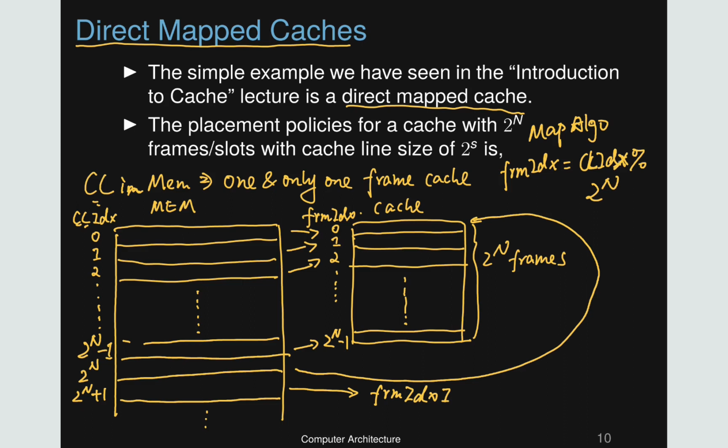So the math is very simple. We just take the cache line index modulo 2 to the n, the number of frames in the cache, then we get the corresponding frame index that is used to store this cache line.